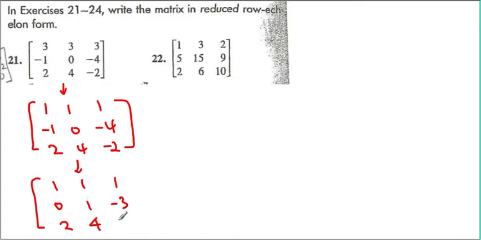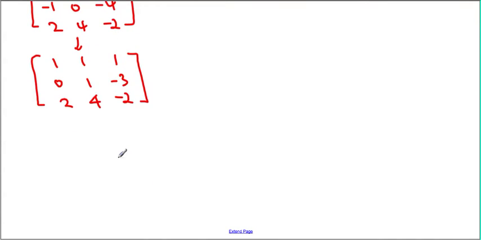2, 4, negative 2. Now what we can do is, I can multiply the first one by negative 2 and add it to this one. Then it becomes 1, 1, 1, 0, 1, negative 3. Multiply this one by negative 2, then it becomes 0.